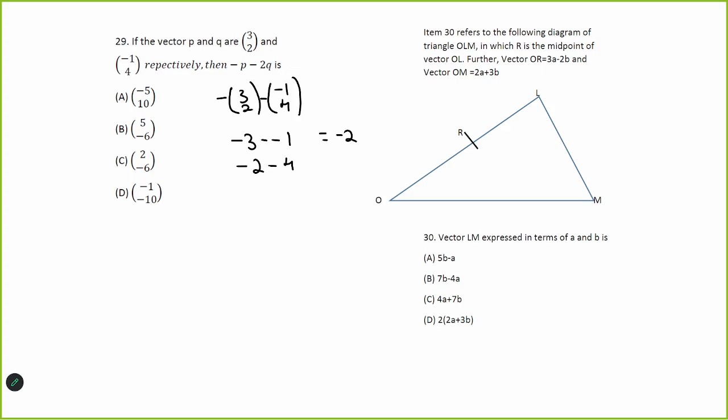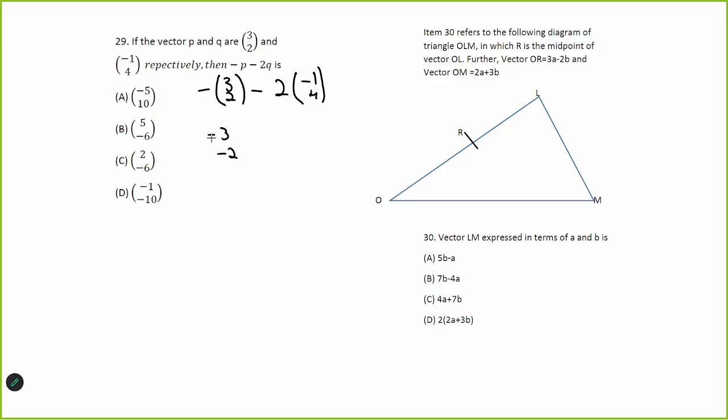Nothing is wrong with the question. The question is minus P, which is 3, 2, minus 2Q, which would be 2 by minus 1, 4. So that's minus 3 minus 2.